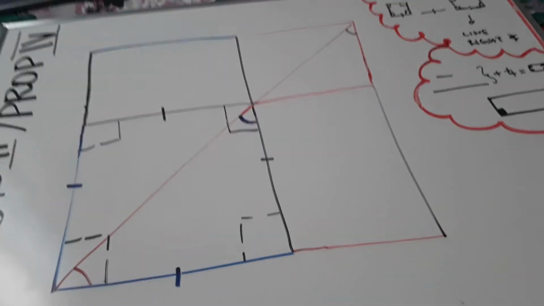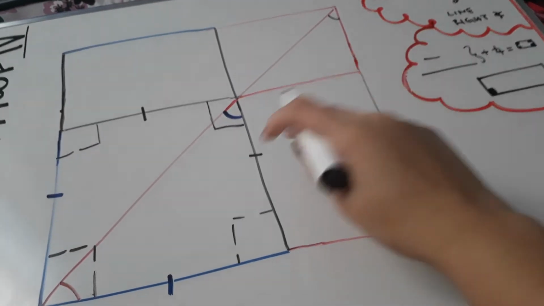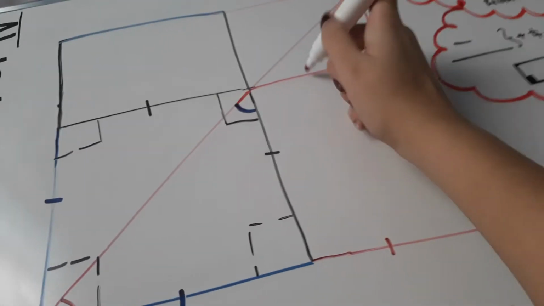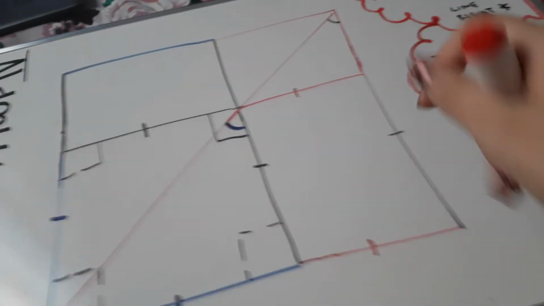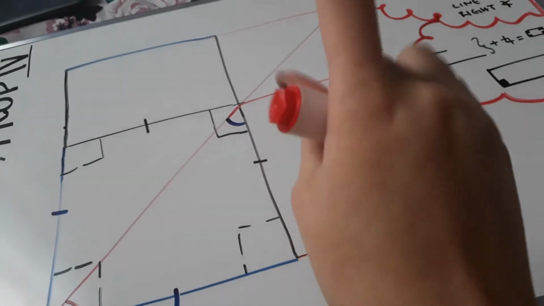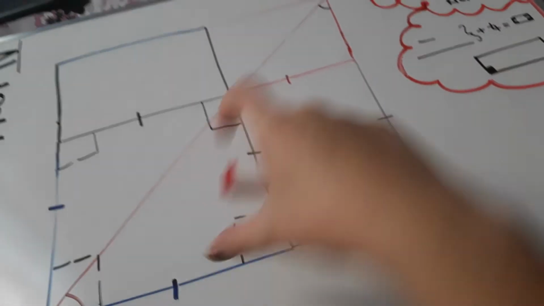Great. And I have this equal to this. I have here this equal to this. This is a parallelogram, okay? So, this parallelogram is made by this side and this side.